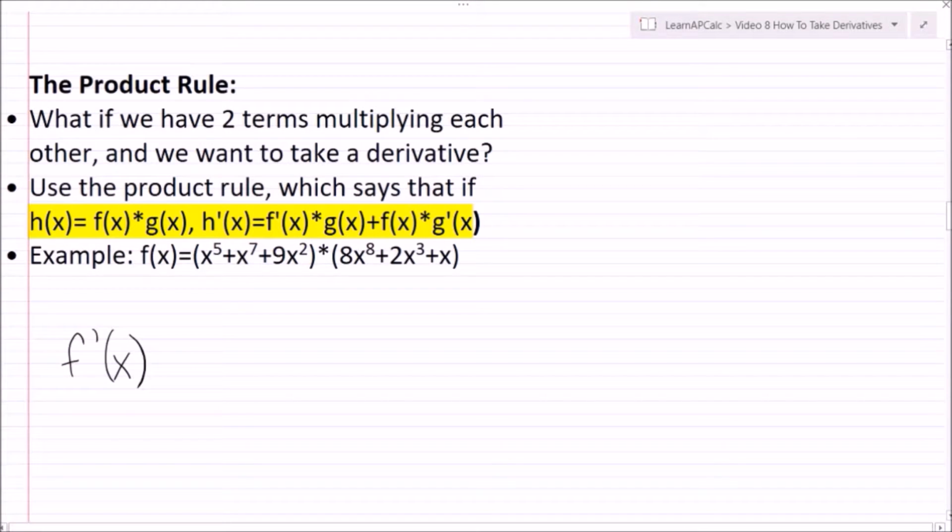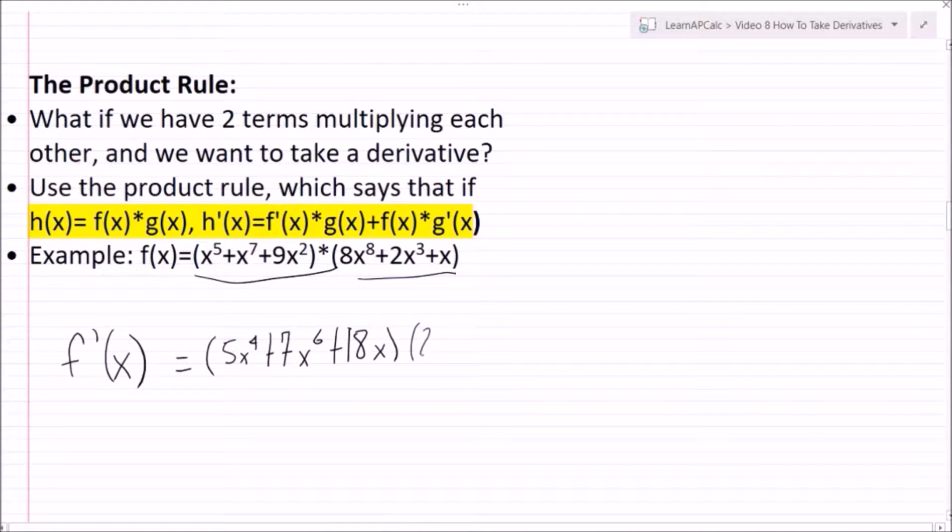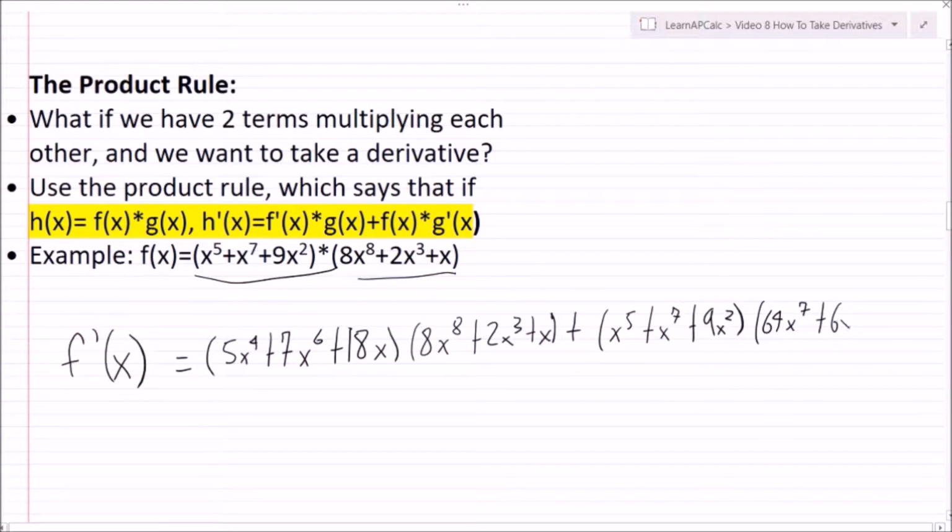So the derivative of f of x would just be the derivative of this first term right here, 5x to the 4th plus 7x to the 6th plus 18x, times this term, which is just 8x to the 8th plus 2x cubed plus x, plus the first term, x to the 5th plus x to the 7th plus 9x squared, times the derivative of the second term, which here is 64x to the 7th plus 6x squared plus 1.